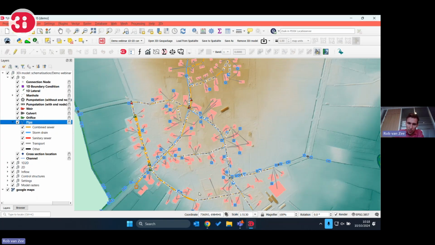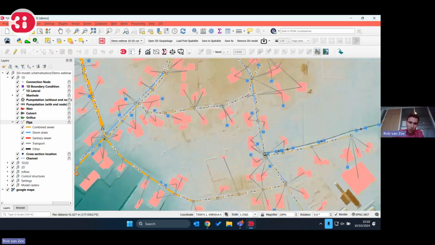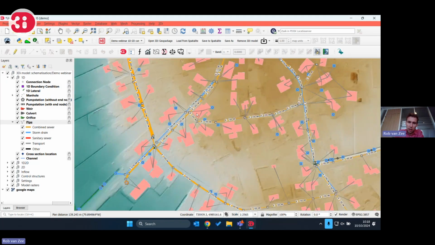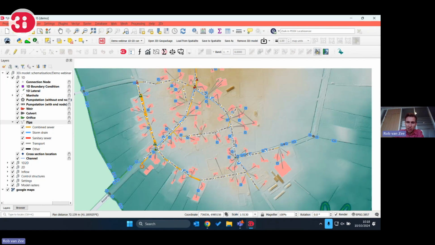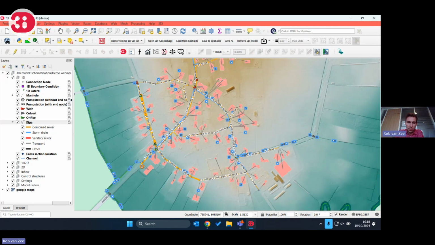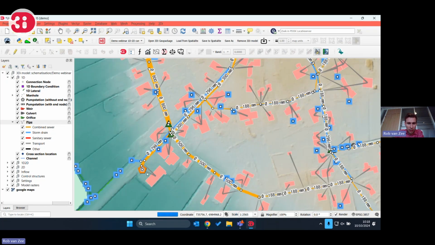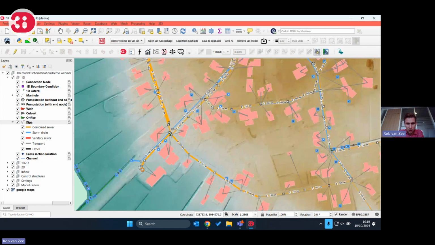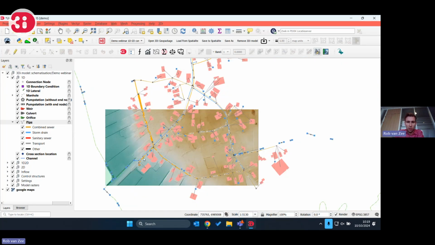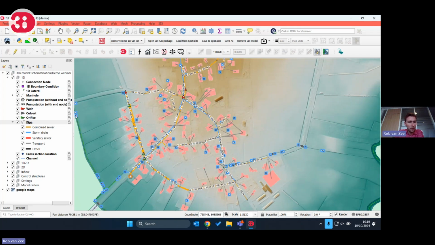So here you can see what the cross sections in the model are, and you can see the larger the cross sections become, the closer we're getting south. And that's mainly an indication that water flows from all over this area to the south. And here you can see there's a pump station in the combined sewage. So this is where all the combined sewage gets pumped out. And here you can see as well an outlet for the storm drain. And this is where the water flows out in the storm drain. So it's all going south.